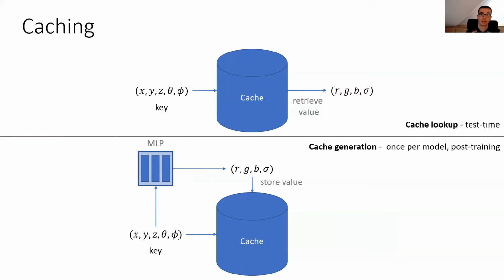And then of course, at train time, it's the old normal networks. Between test and training, we would generate this cache by querying the NeRF network, as you can see here, for those values and storing them in the cache. And this looks fantastic on paper and very easy to do.